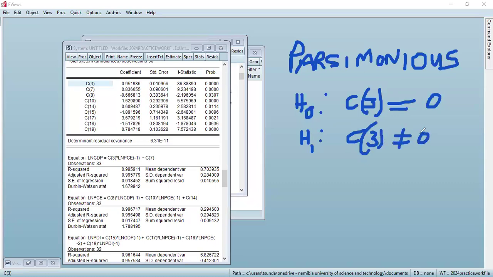In other words, the null is that PCE does not Granger cause GDP, and PCE Granger causes GDP is the alternative. So that's the first equation.